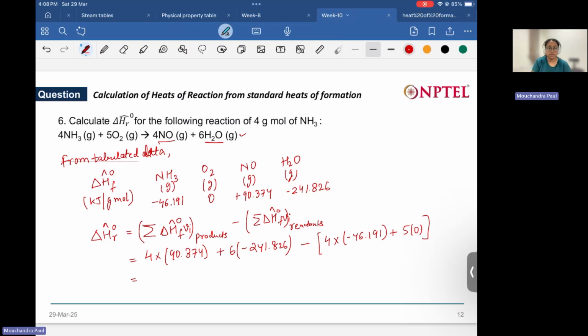Okay, if you solve this, the final heat of the reaction for this reaction is minus 904.696 kilojoule per gram mole.